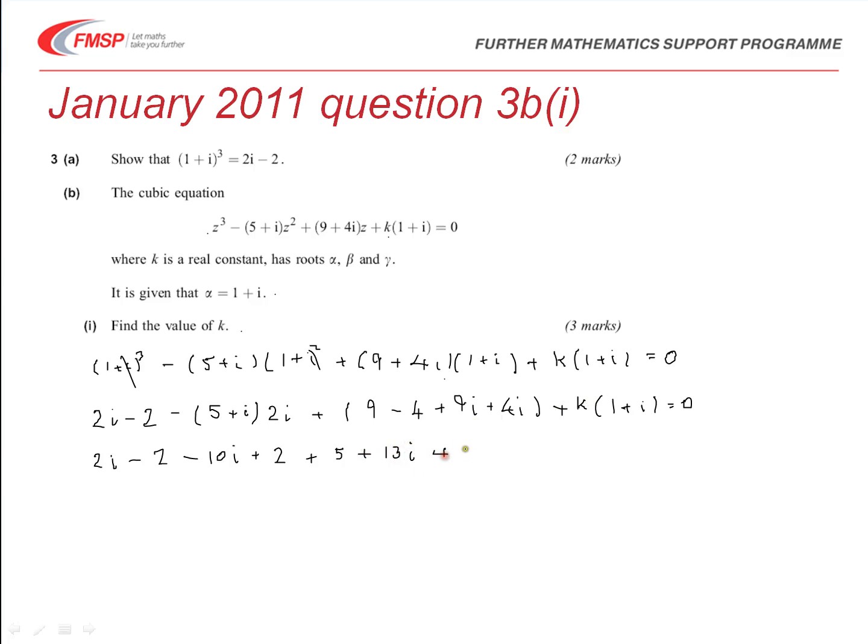And then we got plus k times the 1 plus i equals 0. We must be getting close now, so if we collect all the constant terms, we've got minus 2, a plus 2 and a 5, so that will give us 5. And then we've got 2i minus 10i plus 13i, which gives us plus 5i.